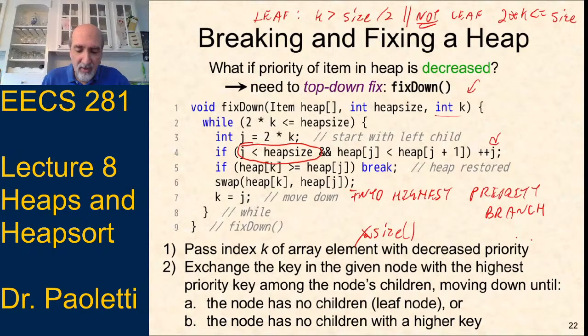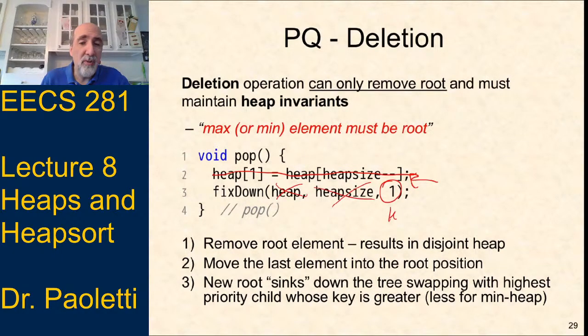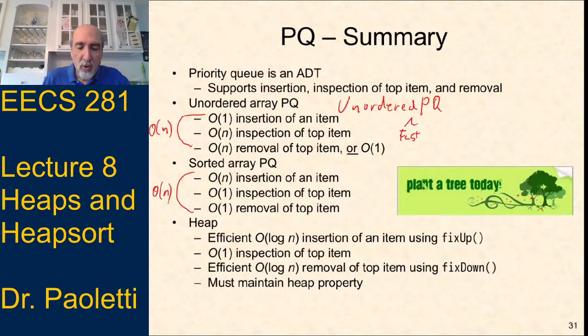Well, that means that push and pop, which depend on fix up and fix down, must be log n also. So we've got an efficient log n push and an efficient log n pop, because our insertion and removal of elements depend on fix up and fix down, which are log n.